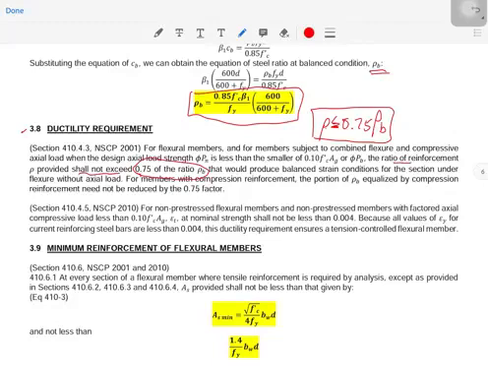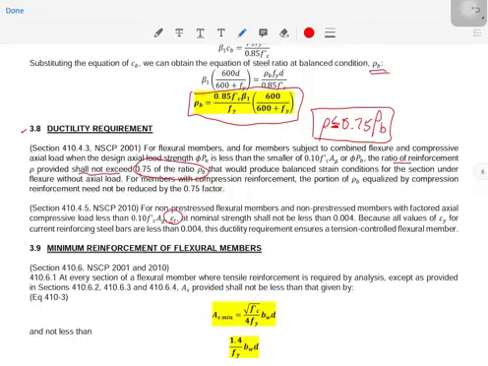For 2010 NSCP, for non-prestressed flexural members and non-prestressed members with factored axial compressive load less than 0.10 f'c Ag, we'll be using strain here, epsilon sub t.